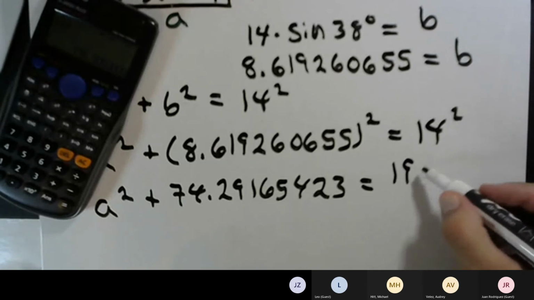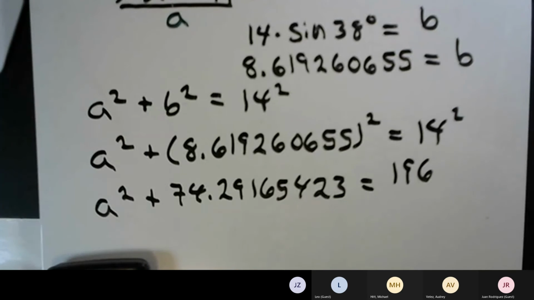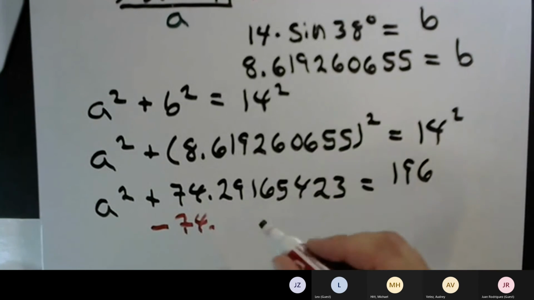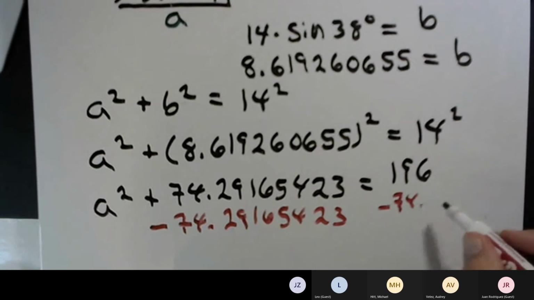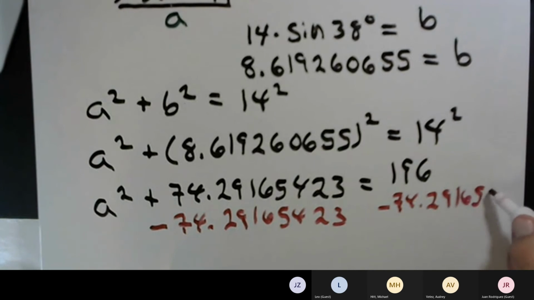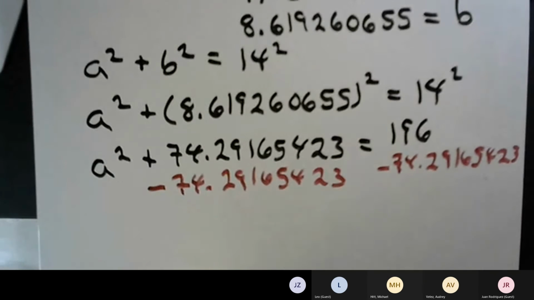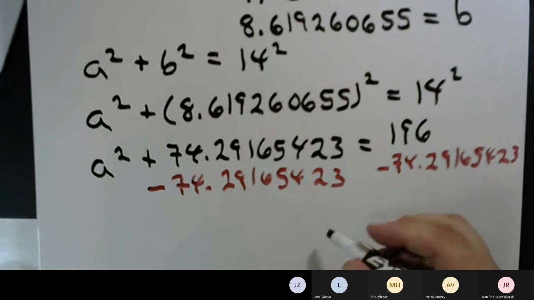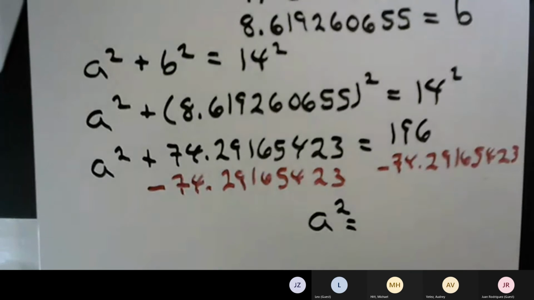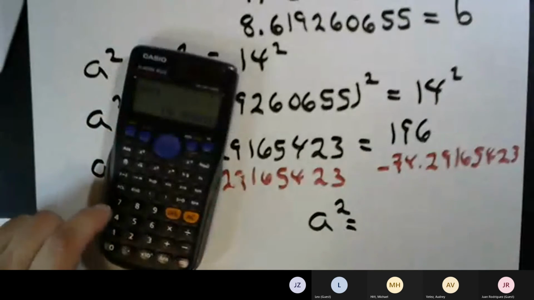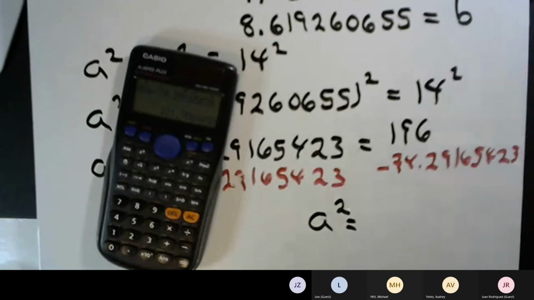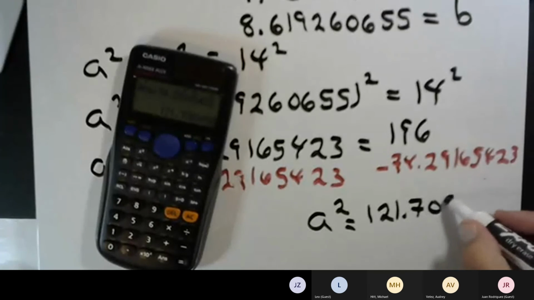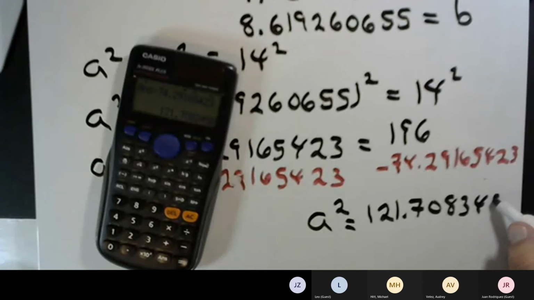It's 14 squared, 196. And then we're going to subtract 74.29165423 from both sides. So a squared is equal to 121.7083458.